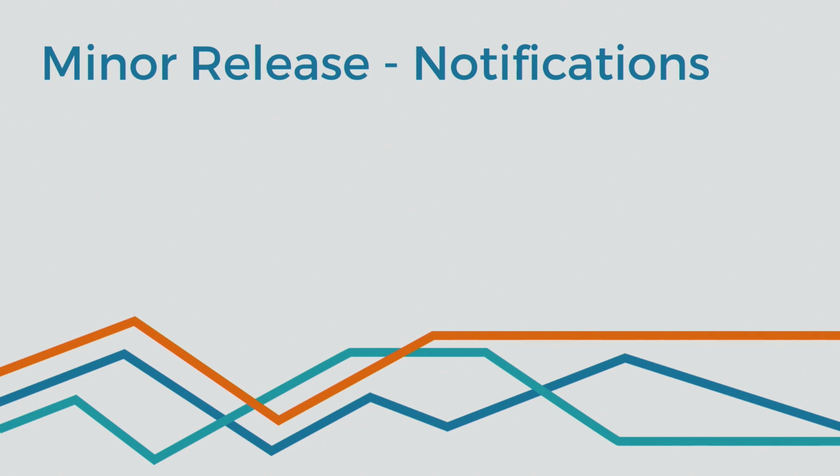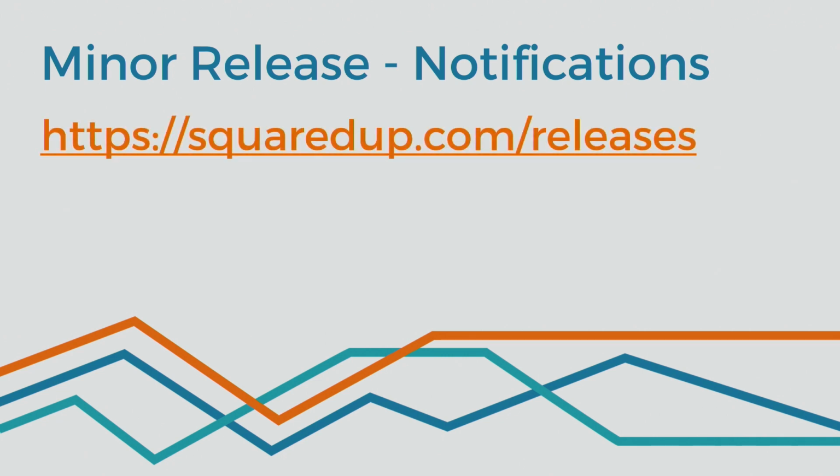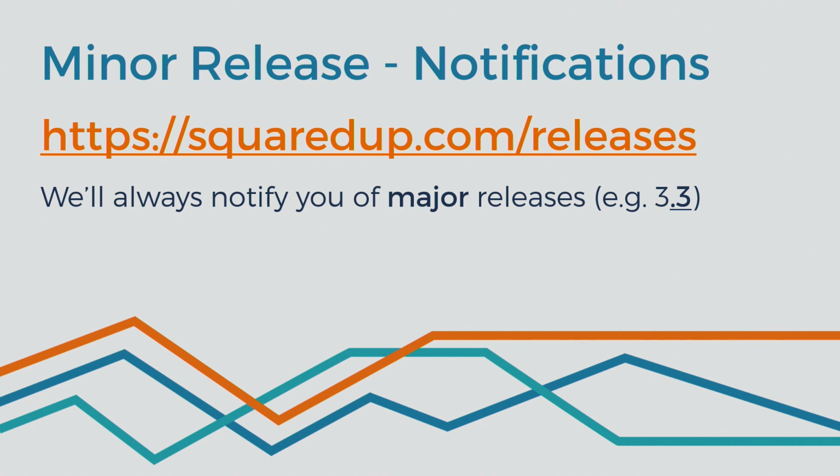From my end of the business, we've been working hard too, so a few updates for you. Firstly, just as it's a release webinar, a small new service that we've implemented is around minor releases and the ability to get proactively notified about them if you want. You can sign up for that notification service at squaredup.com/releases. Just to confirm, we will always notify you about major releases.